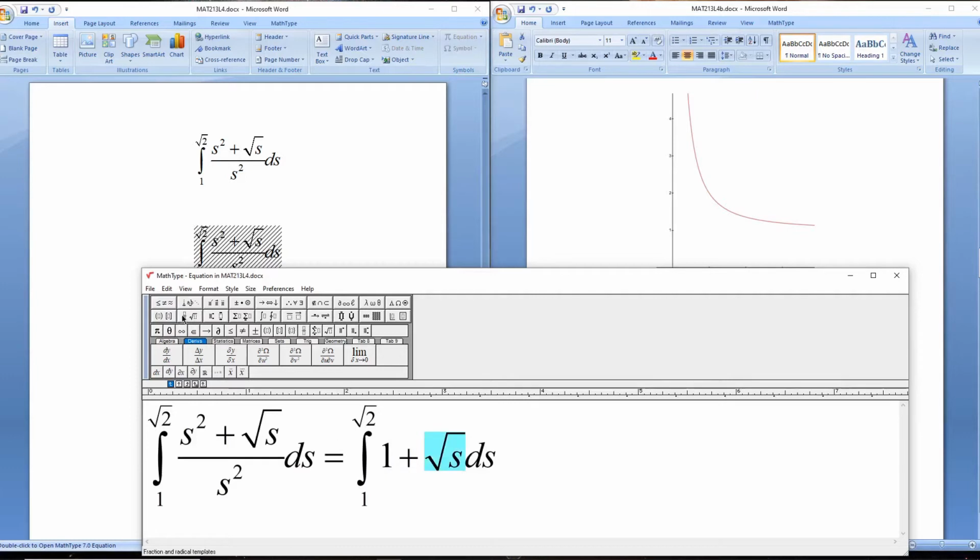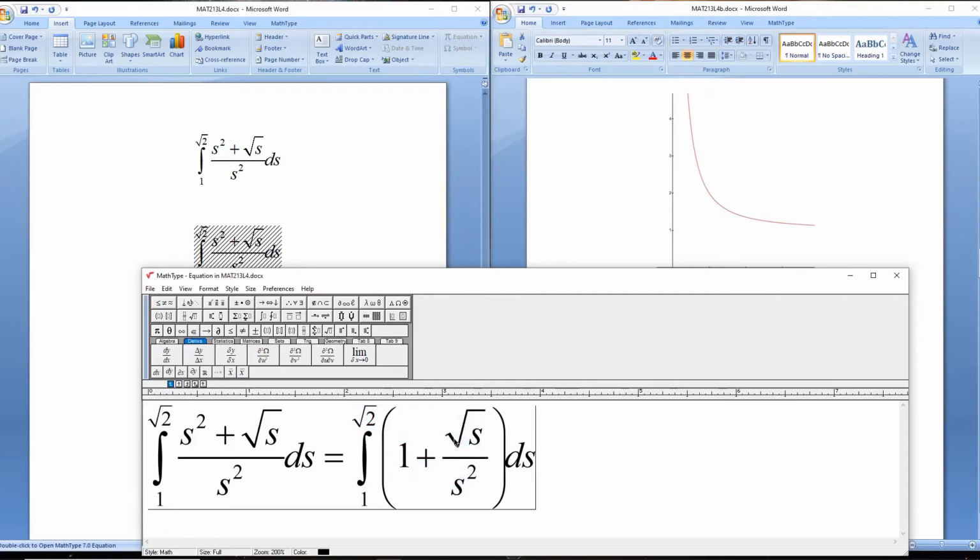And then the square root of s divided by s squared. And we do have those two s's there that we can further combine.